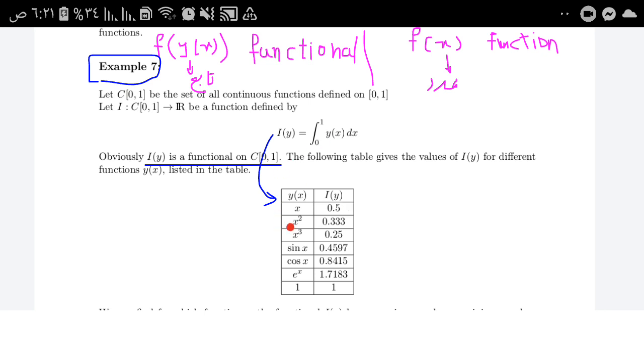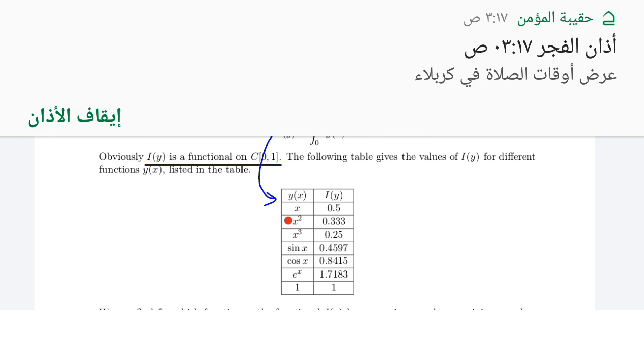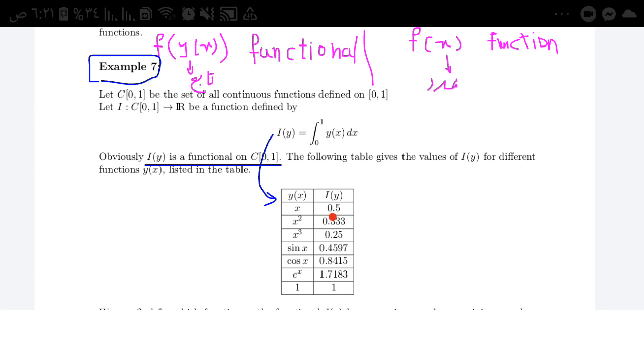If the function y is x squared, then the value of the functional is 0.332. And so on. If the function y is equal to e to the power x, then the value of this functional is 1.7183, and so on.